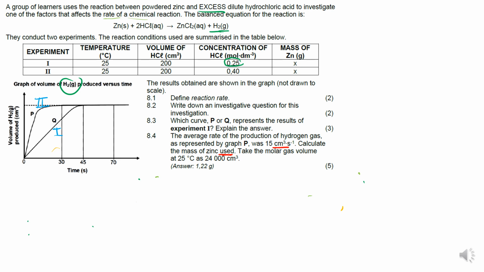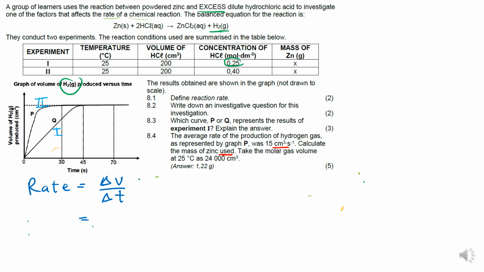8.4, where are we starting? You always begin with the end in mind. I've already figured out where I'm going. Now I can start. I can start by first saying the rate is equal to change in V over change in T. And then the rate, which is given as 15, is going to be able to get me the volume, which is in cubic centimeters.